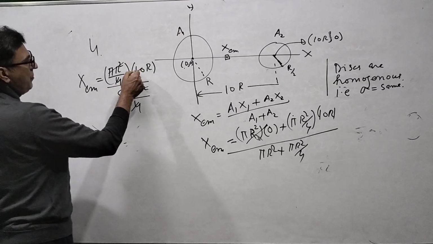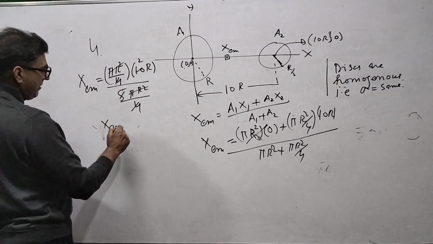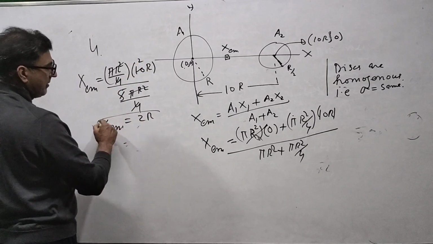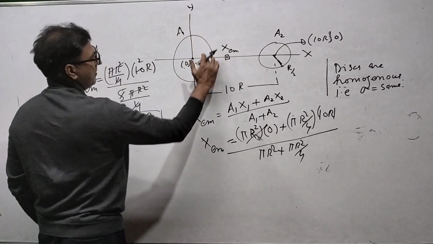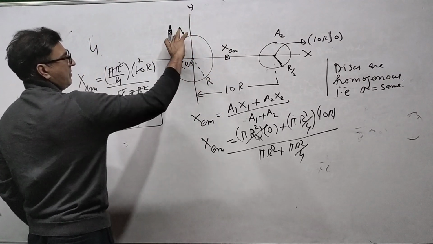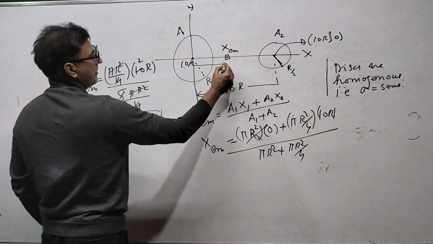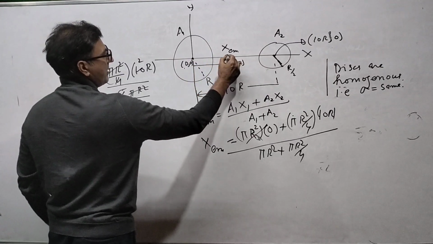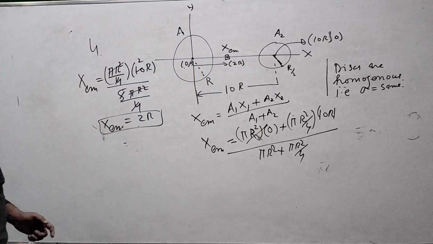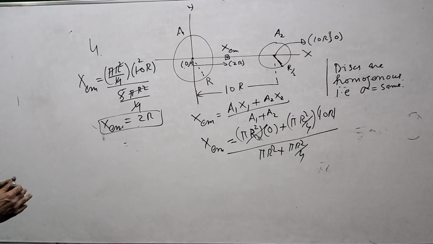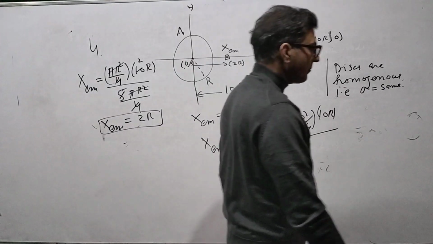It is 10 by 5, so XCM is equal to 2r. Somewhere here, closer to the bigger area disk. 2r is the x coordinate of the center of mass of this system of two disks. That is all.